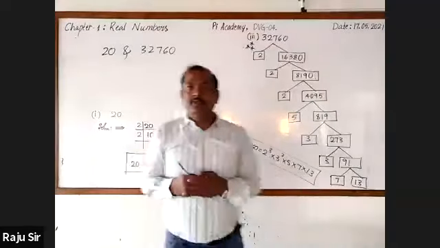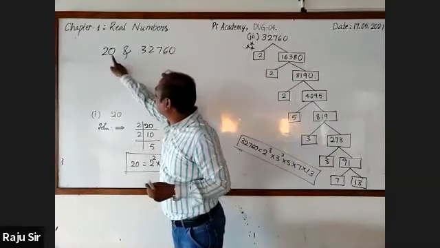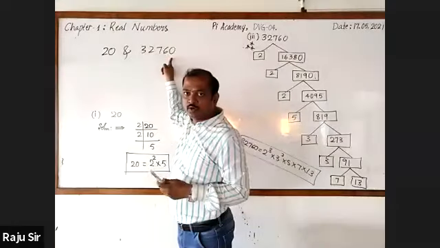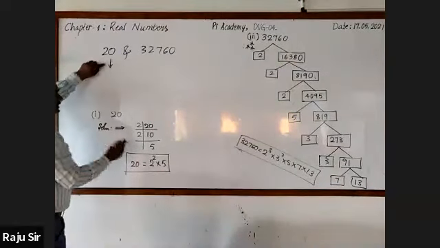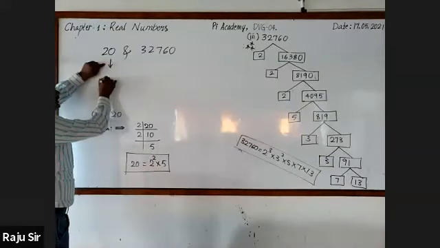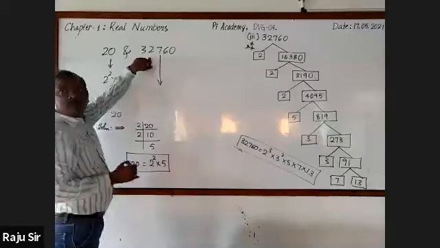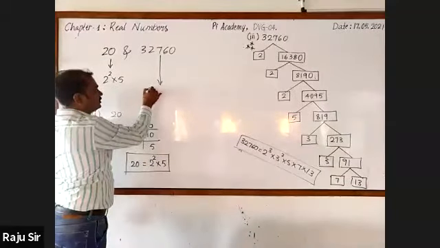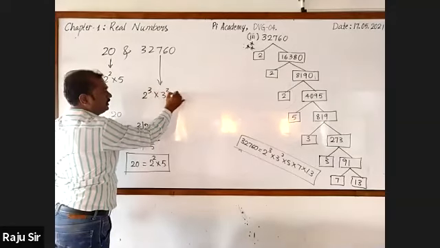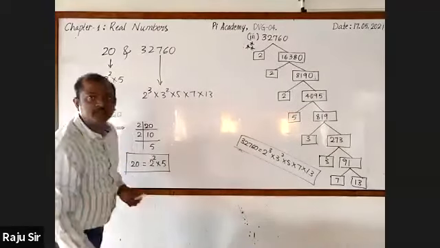Now, you should also observe their prime factorization. Prime factorization of 20 is 2 square into 5. Then 32,760, we have already written, it is 2 cube into 3 square into 5 into 7 into 13.